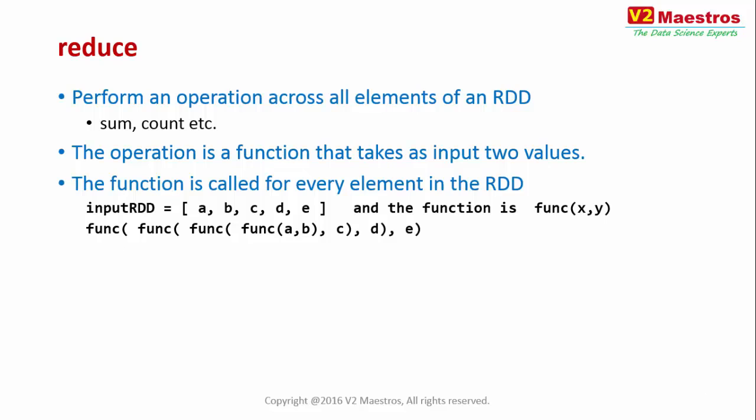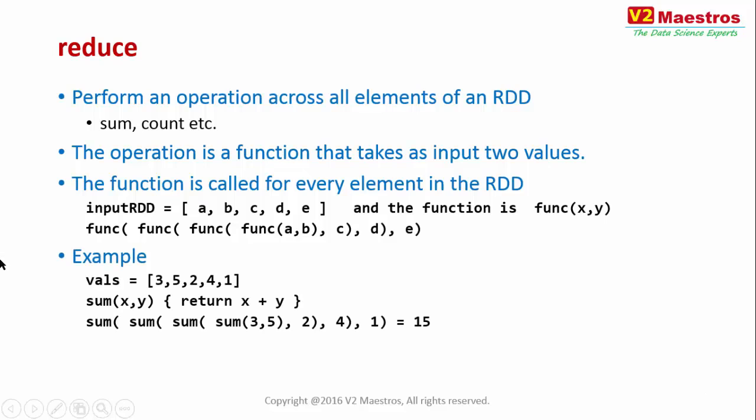Let us say the elements are split between two nodes, like A, B, and C are available in node 1 of the cluster, and D and E are available in the second node in the cluster. So the first function call of a comma b happens on the first node, and then with C again in the first node. Then it moves to the second node and so on. So it's executed in a serial fashion, not in a parallel fashion like a map would work.